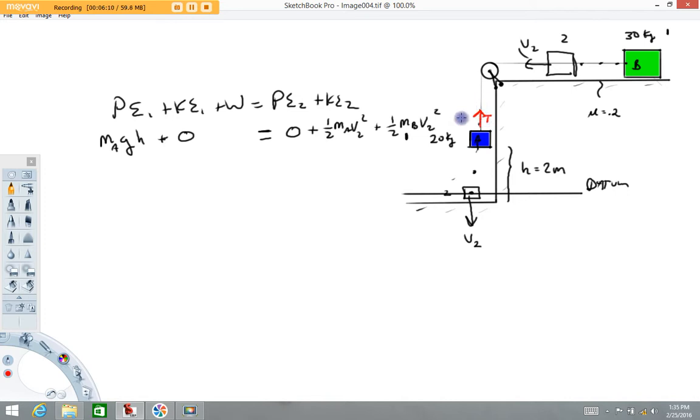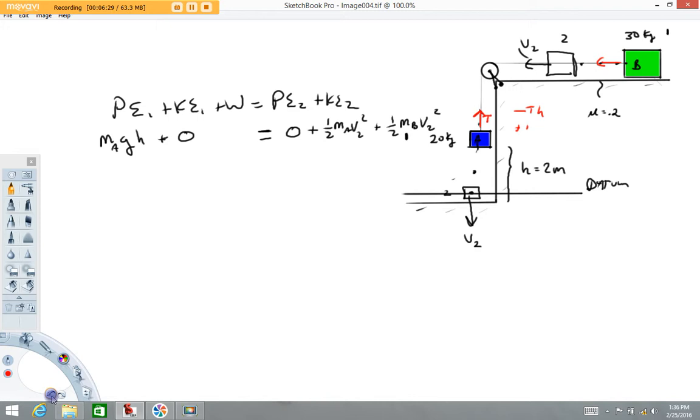If I do try to include a work term, it's going to be minus T times H. However, if I come over here, there's another tension, and it's the same tension. The work term for this force is going to be positive T times H, and when we add these together, we're going to get 0.